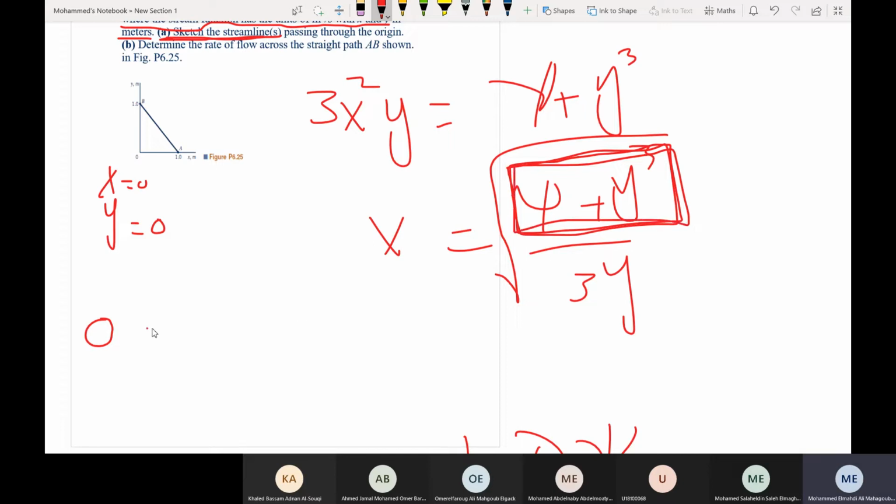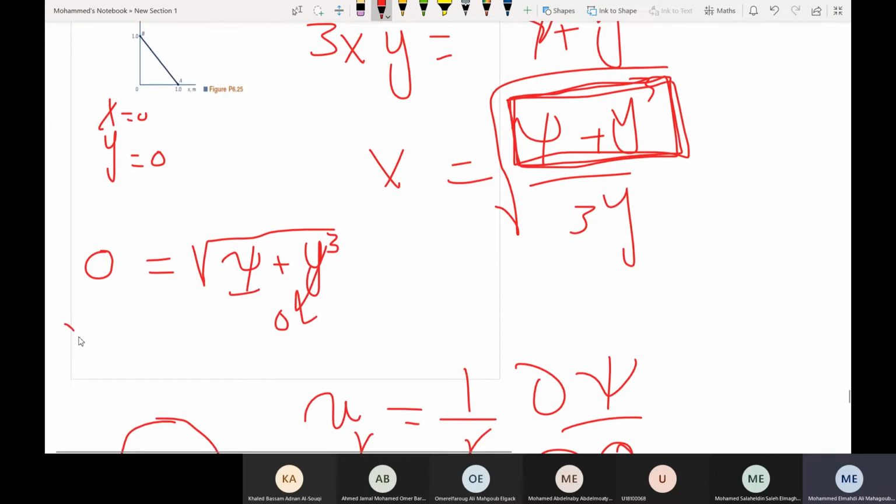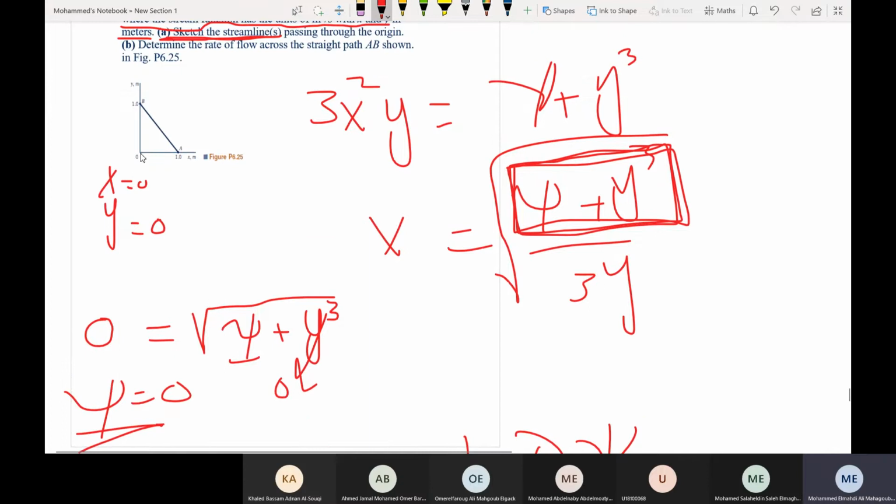So 0 is equal to the square root of psi plus y cubed, and we know that y is equal to 0. So psi is 0. For sketching the streamlines that pass through the origin, psi should be 0.